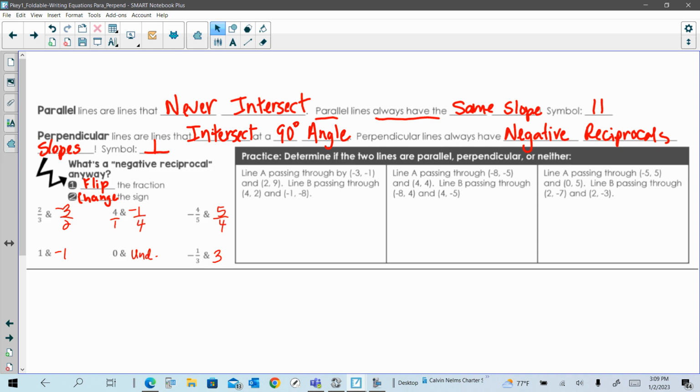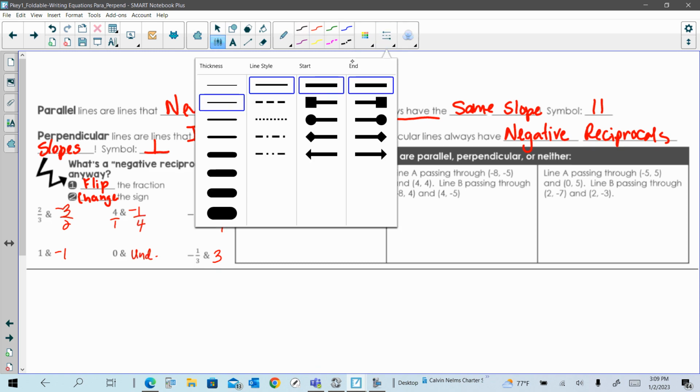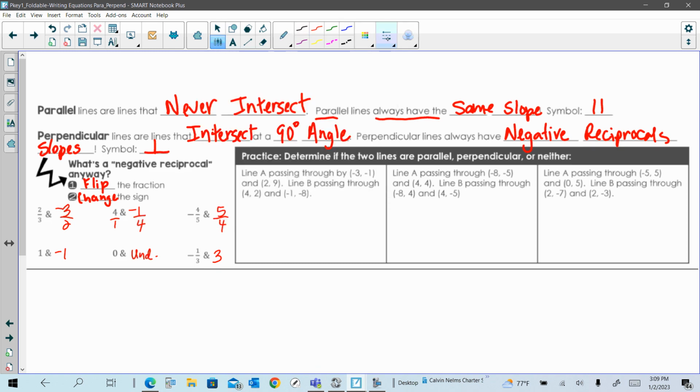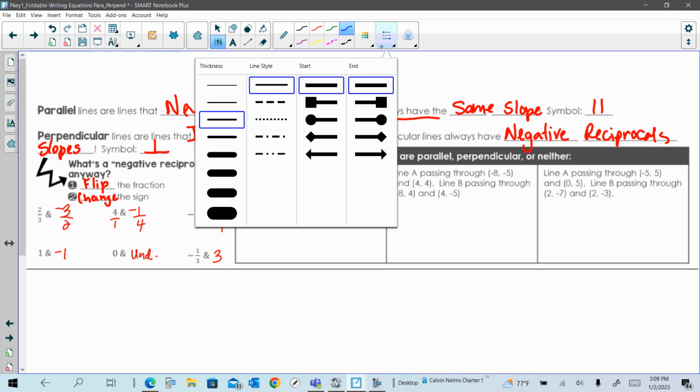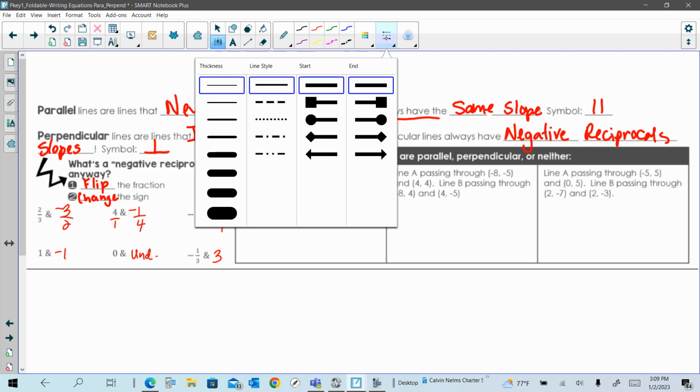If I have a line A passing through the points -3, -1 and 2, 9, and line B passing through the points 4, 2 and -1, -8, then in order to determine if these lines are parallel or perpendicular, we have to focus on the slope using the slope formula.